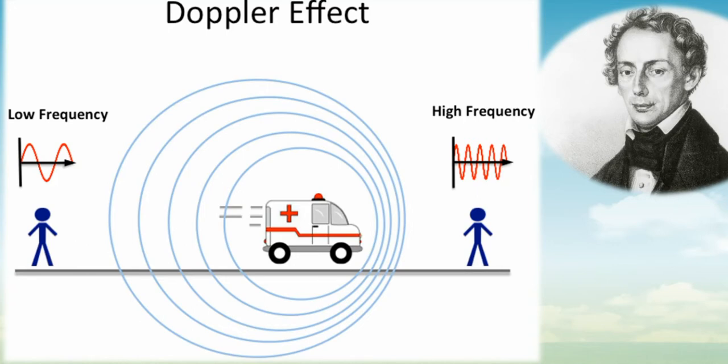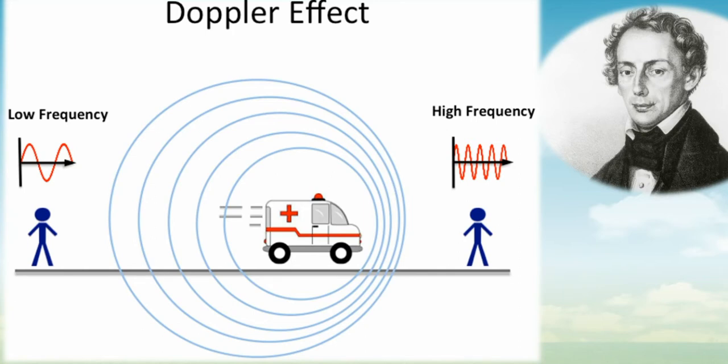Doppler considered a different phenomenon: what if the object and source are moving? What happens to the frequency when there is relative motion between the object and the source?